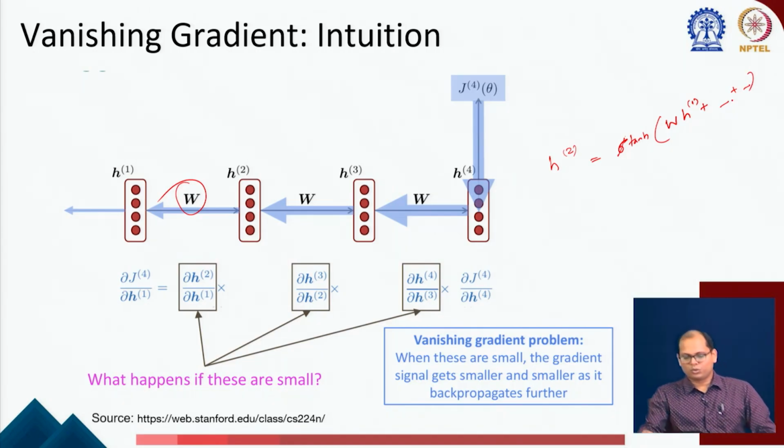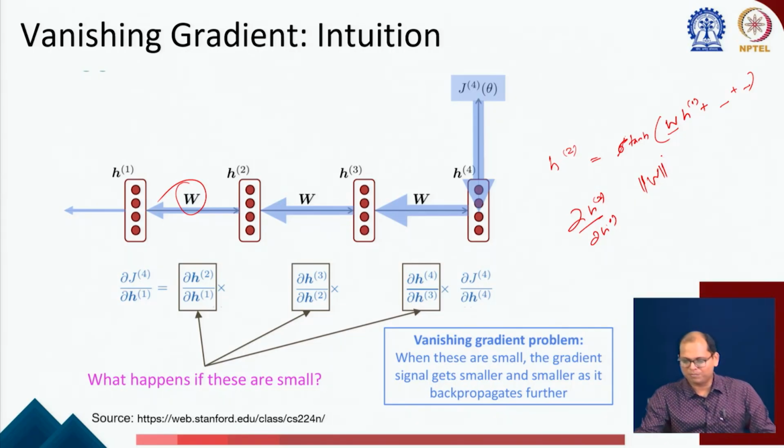When I do this differentiation, I will have a term because of tanh, but then I will also have something that depends on W, so it will depend on the magnitude of this determinant W. The parameters can be such that it becomes very large or very small, because you keep multiplying with this at every step.